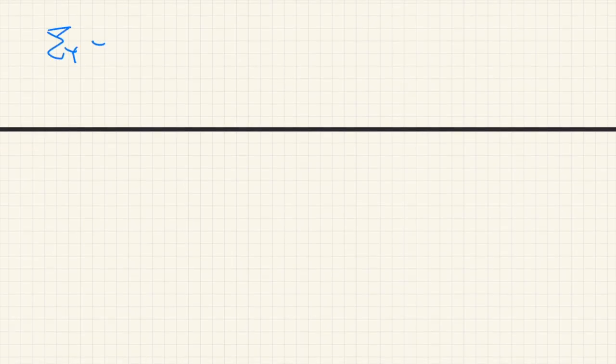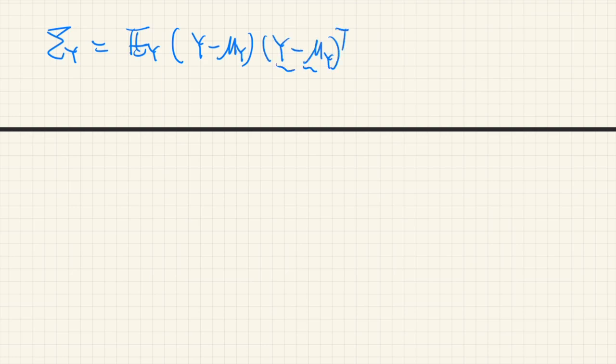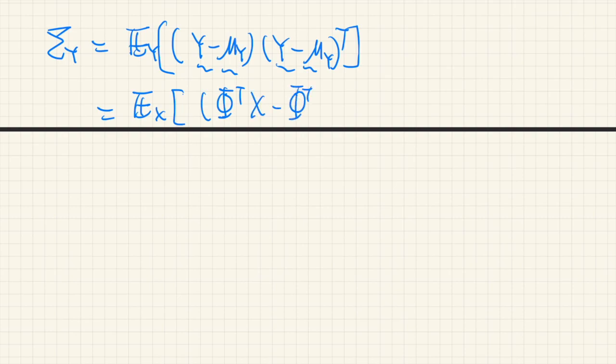And next, let's calculate the covariance of y. So sigma y is the expectation value of y minus mu y and y minus mu y transpose. Okay, now express this in terms of x. We have phi transpose of x minus phi transpose of mu x, times phi transpose of x minus phi transpose of mu x, transpose.